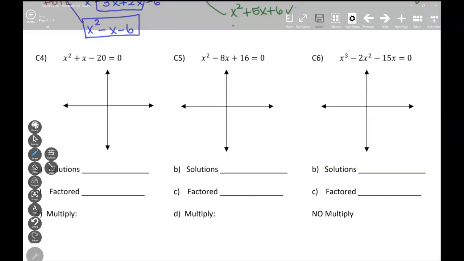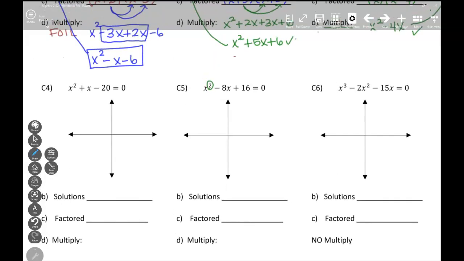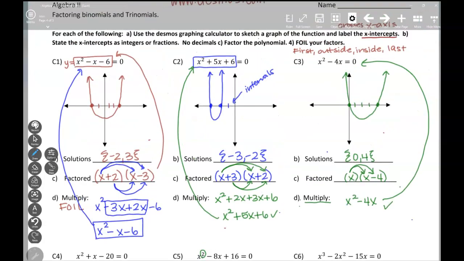So there's something I want to talk about. Whatever the largest exponent, that's how many solutions there are. So if you look at this one, our largest exponent is 2. And it has been 2, and we have found that everything with 2 has 2 answers.